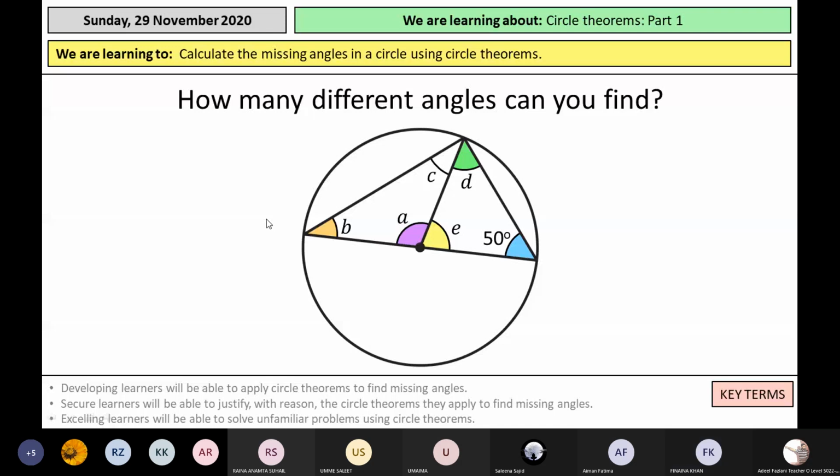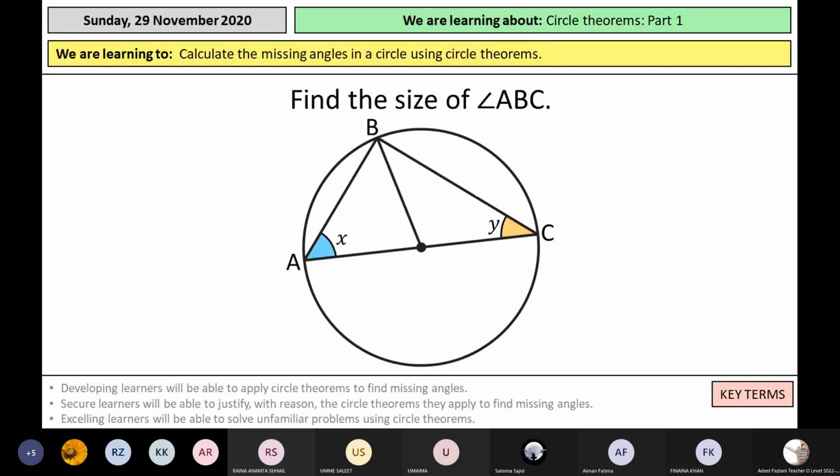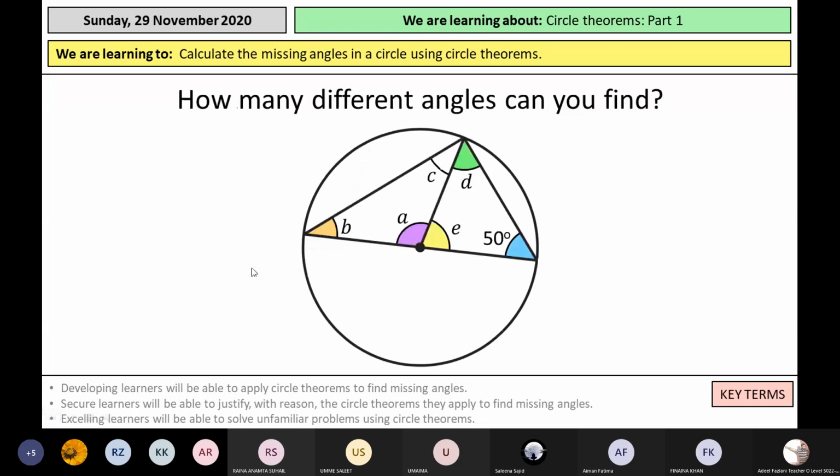Seven. Actually, what I'm asking from you is the different angles. Different angles like you can find this radius. See, this is radius, this is radius. So that means B and C are equal.